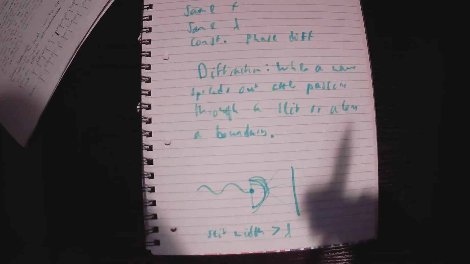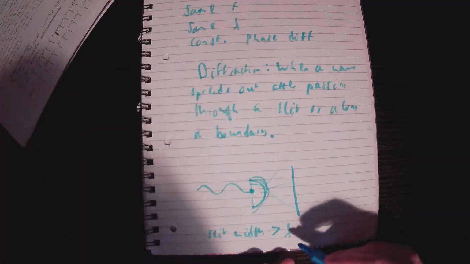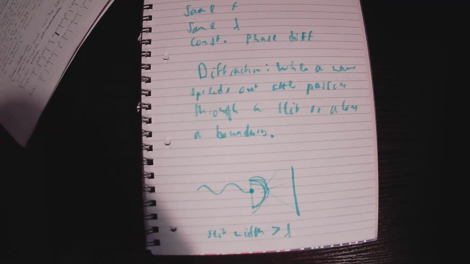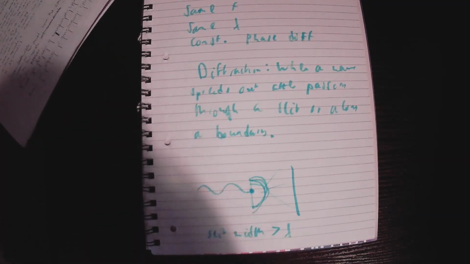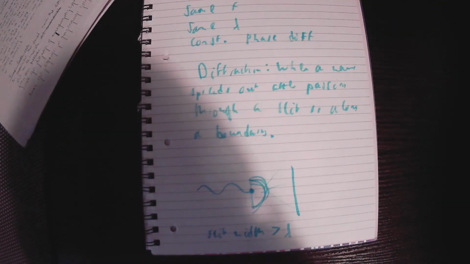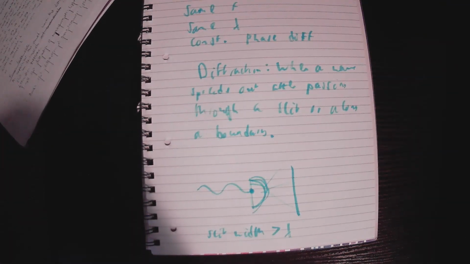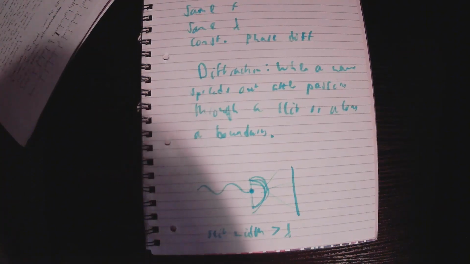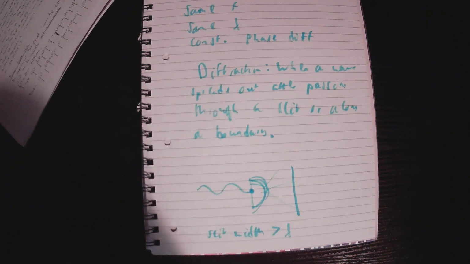So if lambda is 1 nanometer, then we'll probably want the slit width to be about 10 nanometers or something along those lines. That would probably be very difficult to make, but that's a very idealistic sense of the slit width that we'd like.